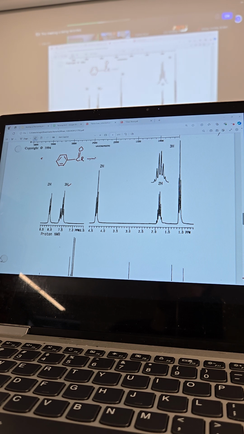There is resonance that kicks towards oxygen. So when that happens, that carbon becomes positive. But it can keep going.